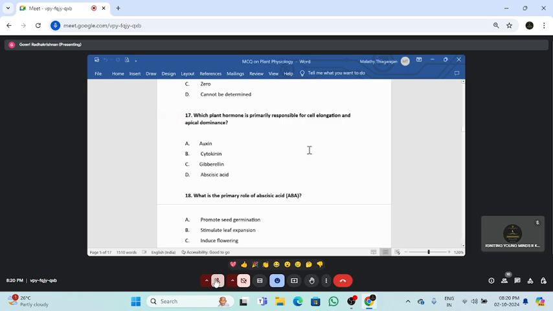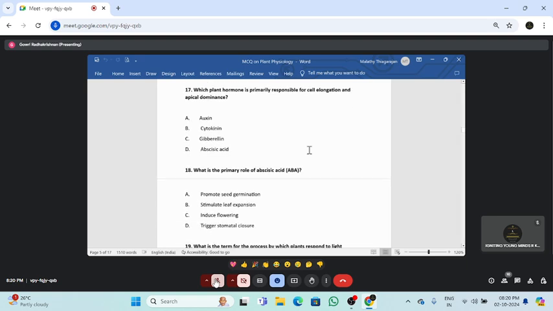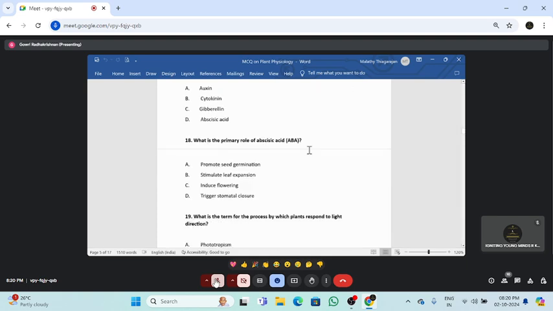Which plant hormone is primarily responsible for cell elongation and apical dominance? Auxin. Yes, option A, auxin is the correct answer.